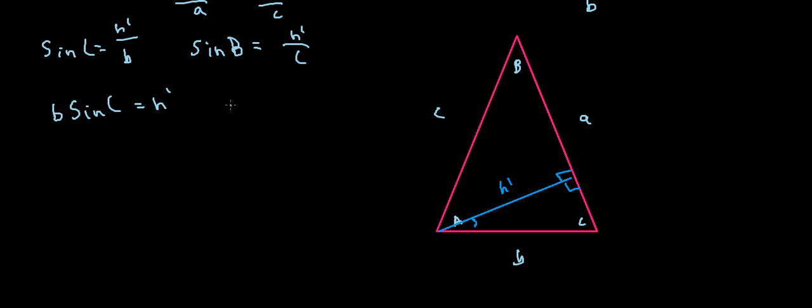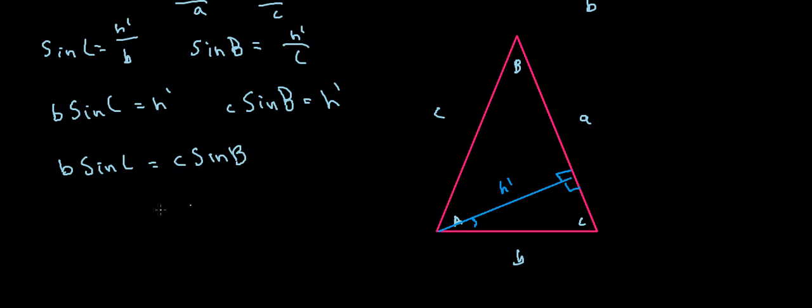Set them both equal to H prime. Set them equal to each other, and then divide out. And then I know from before that sine C is also equal to sine A.